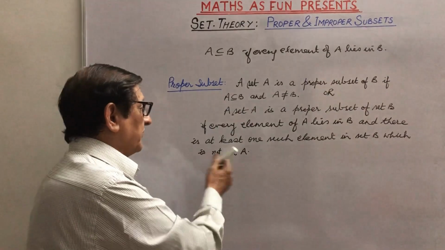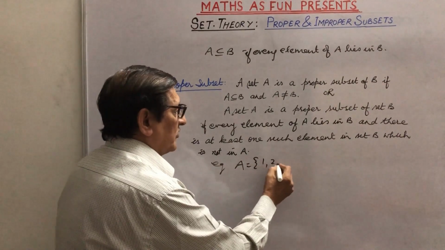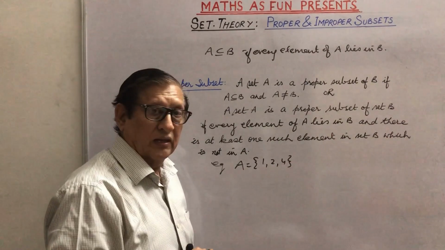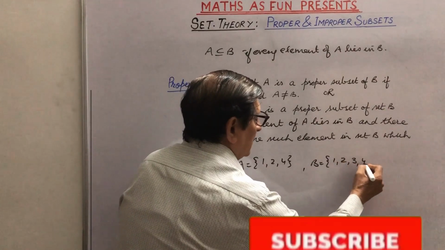For example, suppose we have a set A in which the elements are 1, 2, 4. Another set is B in which the elements are 1, 2, 3, 4, 5.